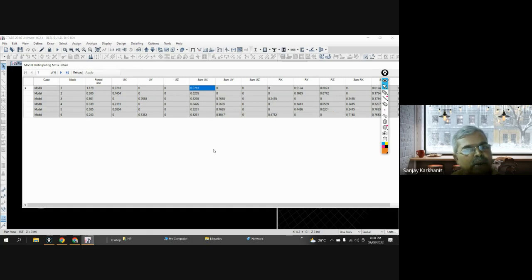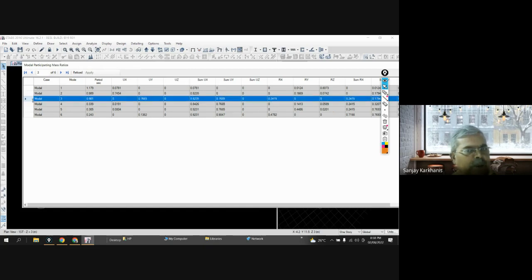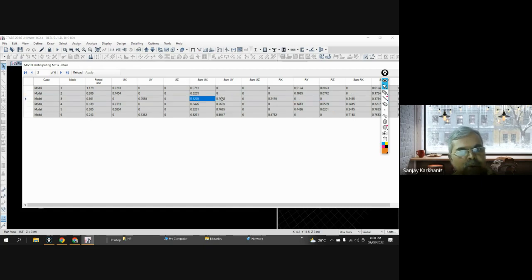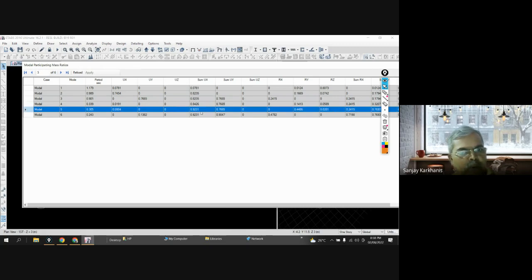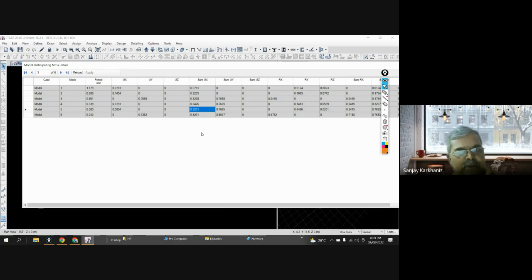So mode number 1, 7.8%, because there is no previous mode, right? So here in mode number 2, sum UX is 82%, sum UY is still 0. Then mode number 3, you are getting 82, where sum UY is 76. So finally, if you see in mode number 5, you are getting sum UX equal to 92.3%, but sum UY is less than 90.